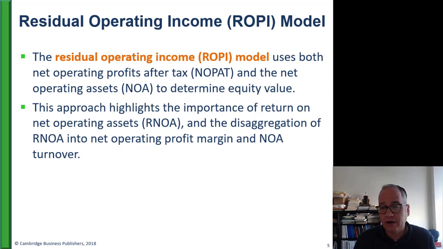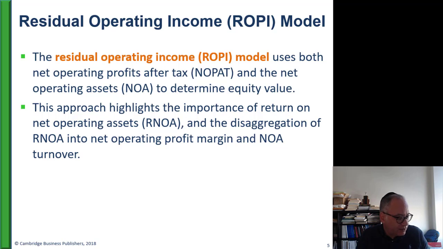And the way ROPI works, by the way, OP stands for operating, because they want to distinguish it from ROI, Return on Investment. So ROPI, OP, Operating Income, is based on NOPAT and NOA. And this focuses on return on net operating assets, because that's really what makes a company unique, is its ability to translate net operating assets into operating profits.